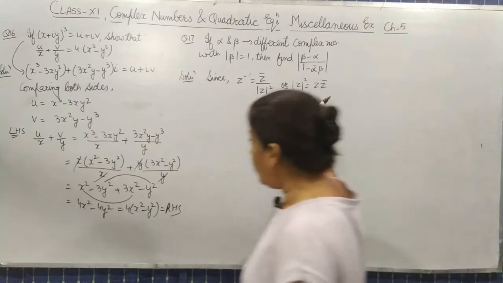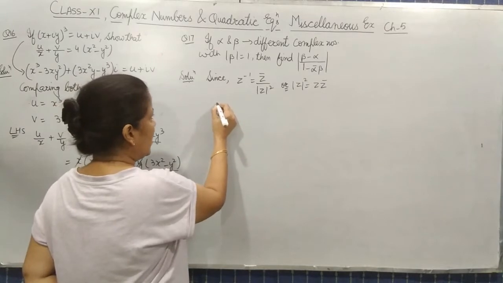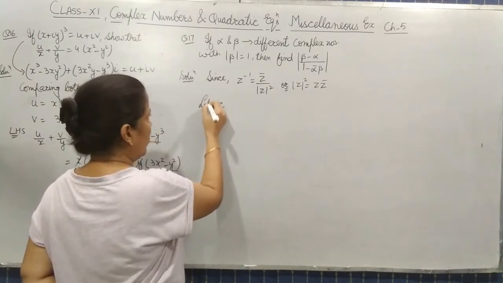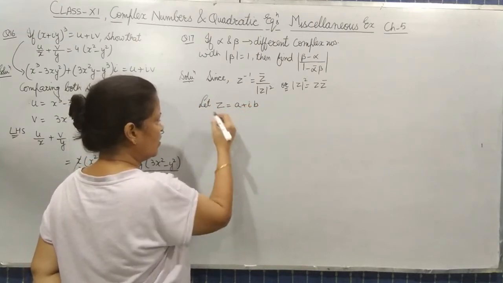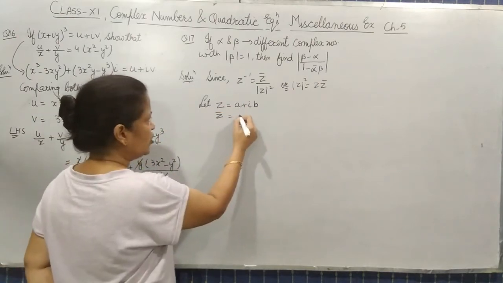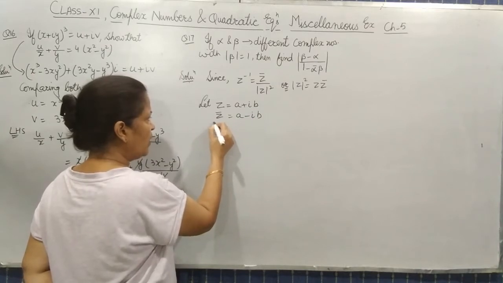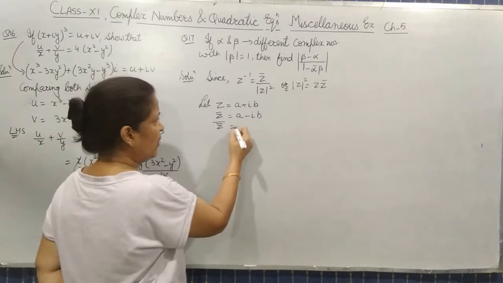One more thing to do this question, I am going to explain one concept. Let z equal a plus iota b. So what should z bar be? Z bar should be a minus iota b, and if I have to find the double z bar, again z bar, what will it become?